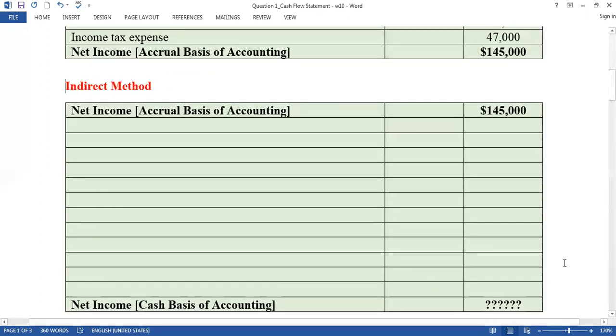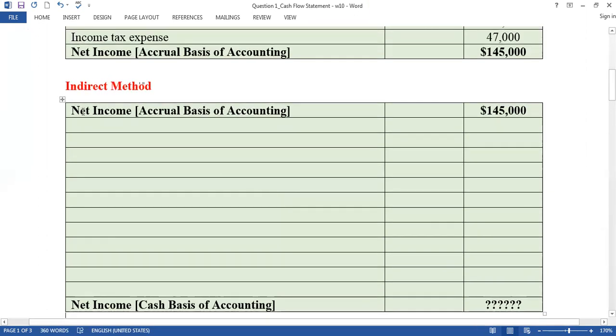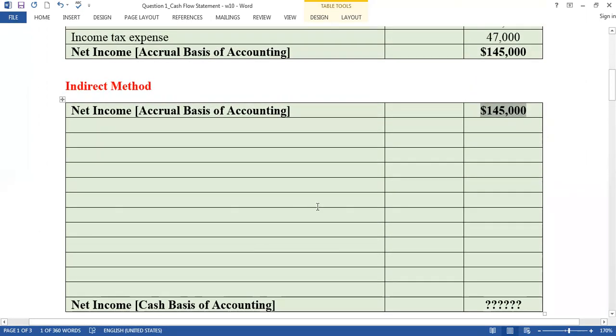So the indirect method says that we have to calculate net income based on cash basis. Although the question gives us net income based on accrual basis, we have to convert it to the cash basis. So this is step 1. Step 1 means net income based on accrual basis, and this is given in the question.